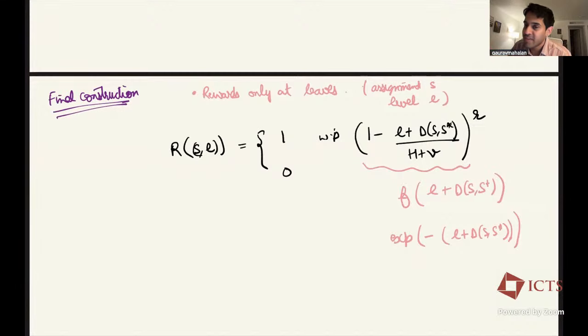And R is going to be some constant for us. Okay. So my reward function basically gives very small reward. So mostly zeros, except with this small probability, which decreases as you go down the tree or away from the satisfying assignment.